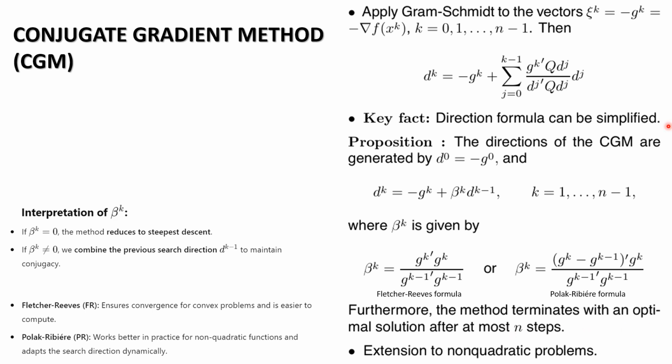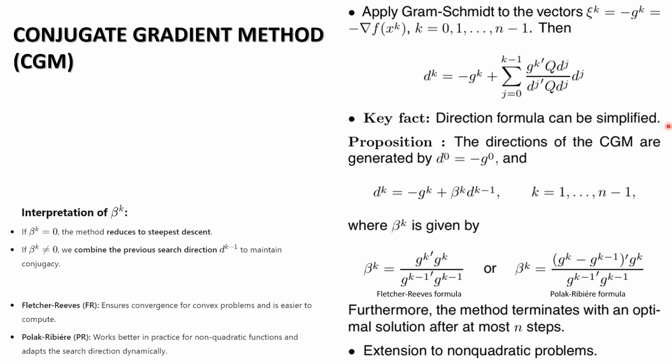For large systems, conjugate gradient methods provide a huge advantage since they can approximate solutions much faster than direct methods, for example, like Gaussian elimination. And it could be applicable to non-quadratic problems.